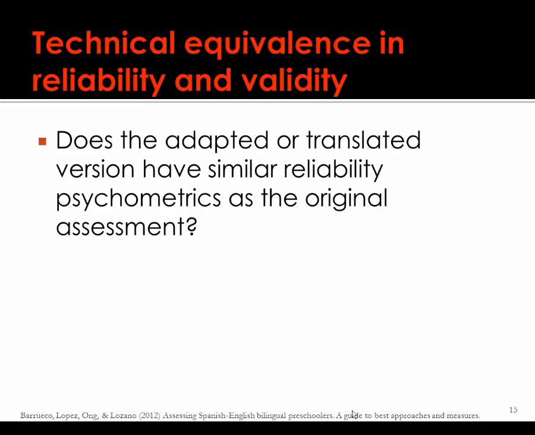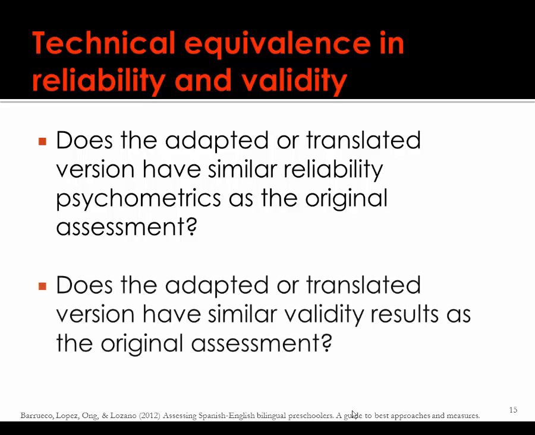So in addition to those cultural and linguistic appropriateness factors, we also need to pay attention to the technical equivalence across reliability and validity. We should answer this question: does the adapted or translated version have the similar reliability, the similar psychometrics, the similar validity than the original one?